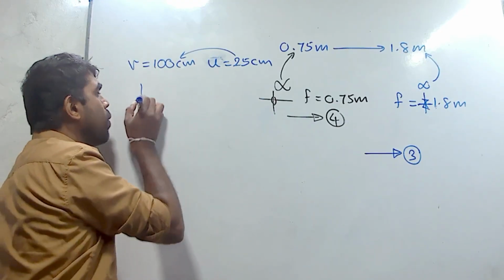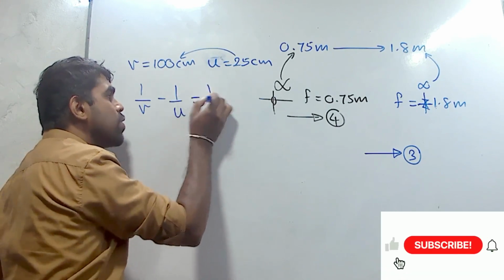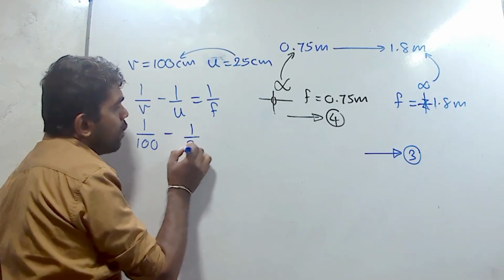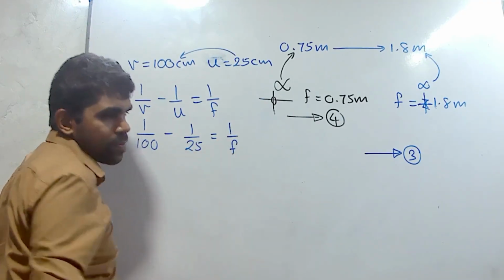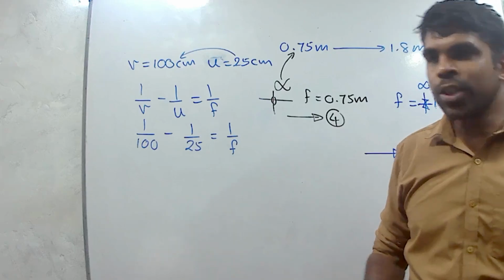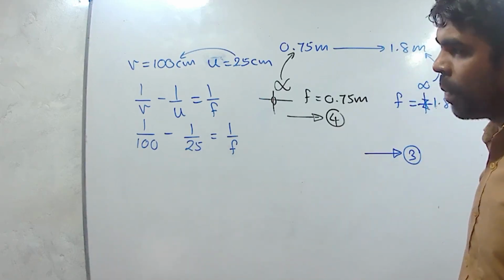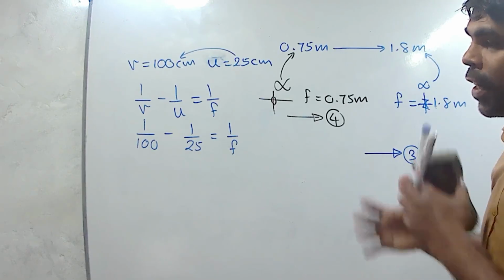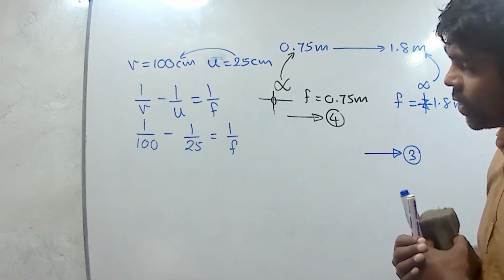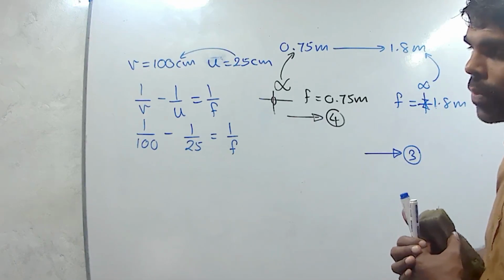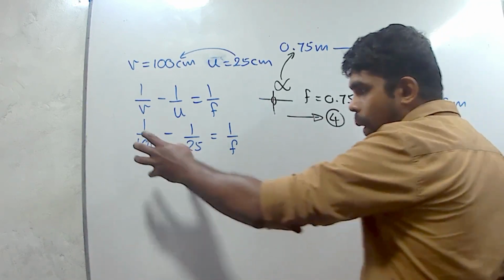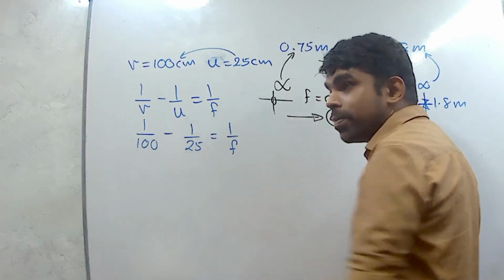Then I will use the lens formula 1 over V minus 1 over U equals 1 over F. Image distance 100, object distance 25. We have to find F. When calculating the focal length related to the defective eye, we can work without sign convention, because all these lenses give positive values.